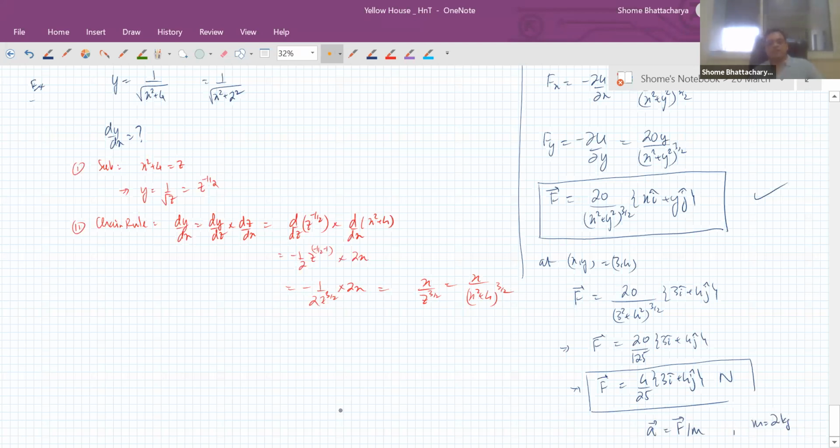So the acceleration will come out to be 2 by 25 times (3 i cap plus 4 j cap). Or you can also write this as 0.24 i cap plus 0.32 j cap in meters per second square.